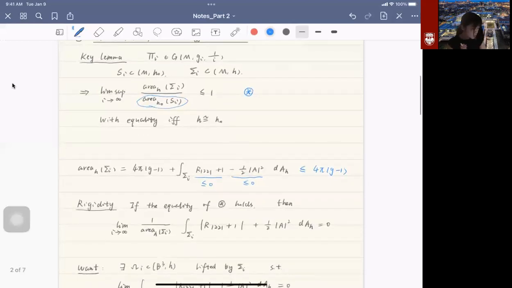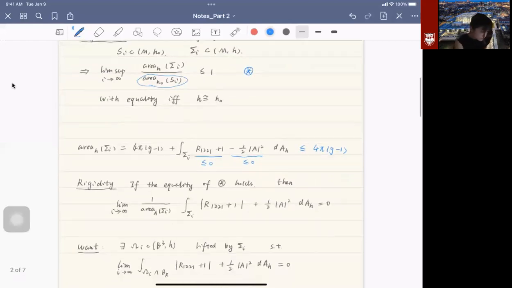Okay, now for the rigidity part, when the equality of star holds, then as a direct result, we have this. The limit of this average integral is equal to 0.